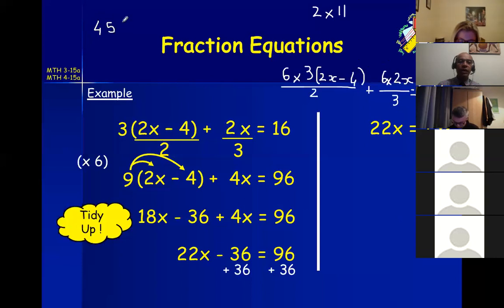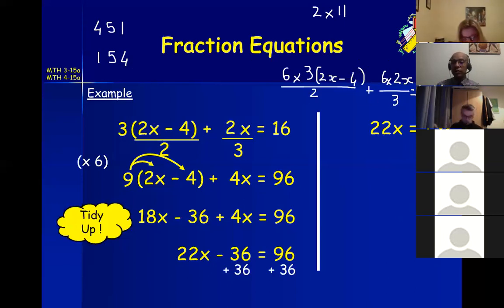451. 4 and 1 makes 5. Use your calculator, divide that by 11, and tell me if you don't get a number without any remainder. So 451 divided by 11 is 41. Now try 154 divided by 11, just to convince yourself, and this should be 14, a multiple of 11.